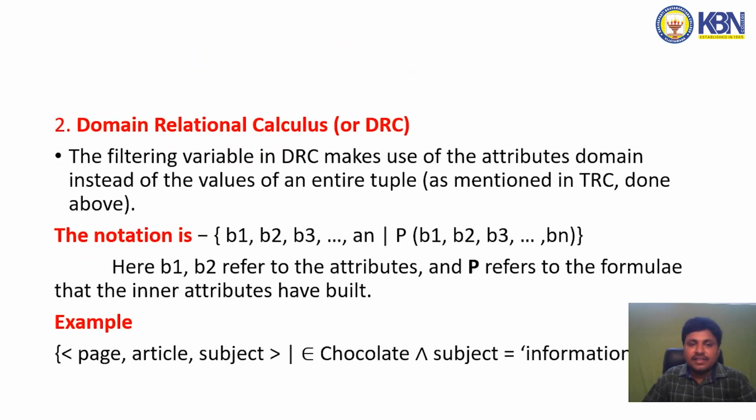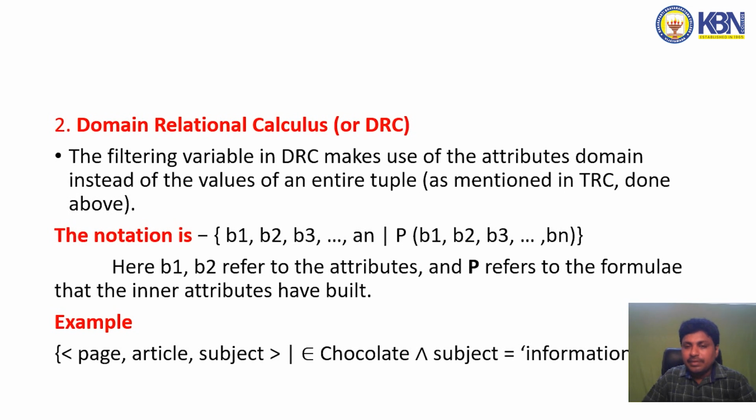And next another one is the domain relational calculus. The domain relational calculus makes use of the relation attributes' domains instead of the values of entire tuples as in TRC, that means tuple relational calculus. The notation is we denote B1, B2 and so on.